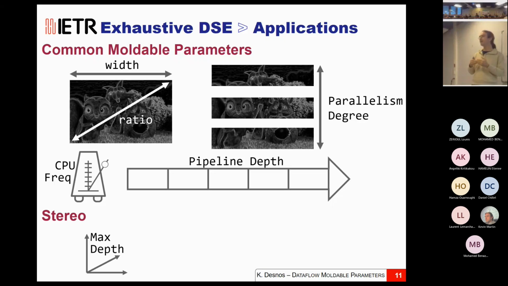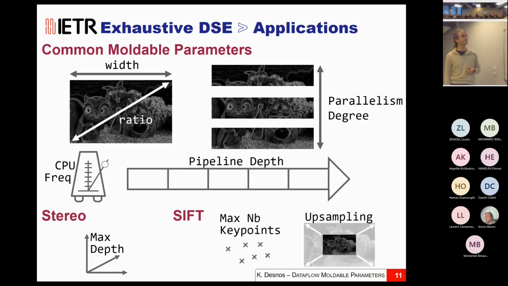Notably, we have the maximum depth of the images that we are observing for the stereo matching application. And for the SIFT application, we have the maximum number of key points that can be detected in the image. And optionally, we can activate or deactivate an upsampling of the image before doing the processing.